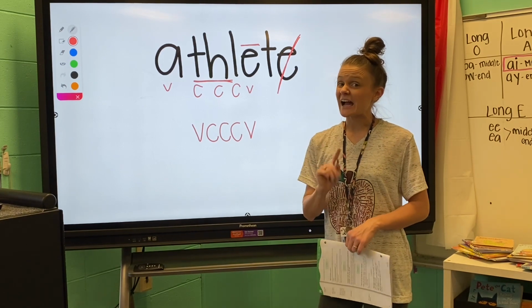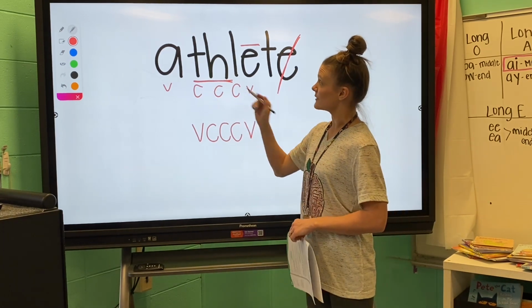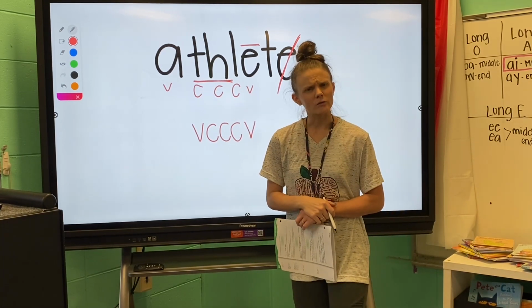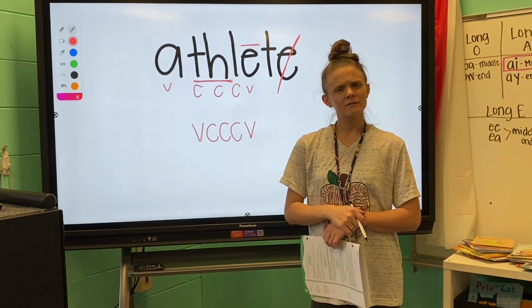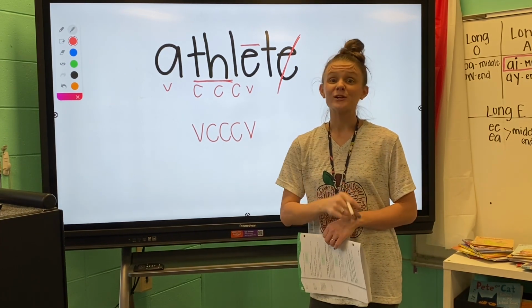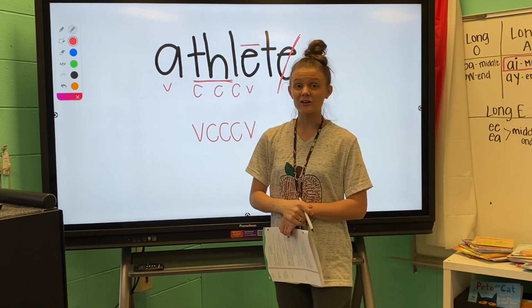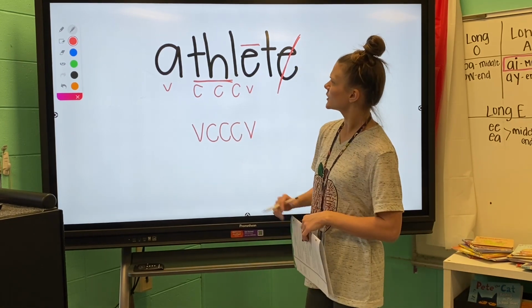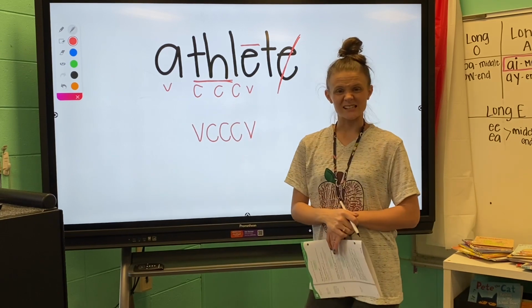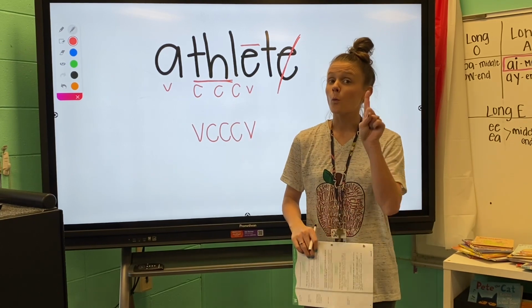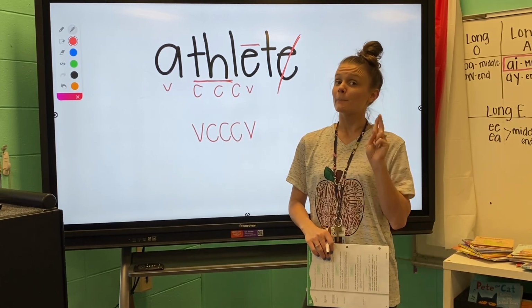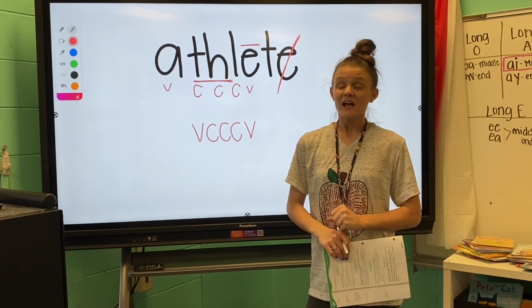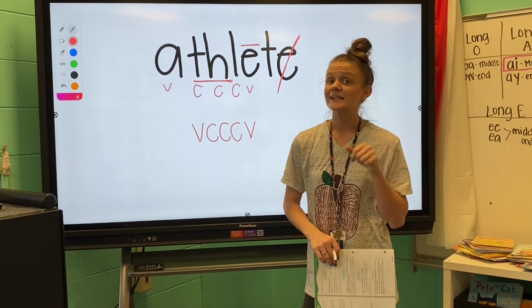Well, one thing that I've noticed is that we have a digraph here. How many sounds does a digraph make? One. You're right. The TH digraph makes one th sound. So there's no need for us to put two consonants there. We're only going to put one C under both of our digraph letters because they only make one sound.